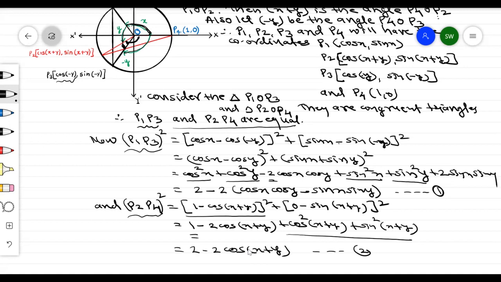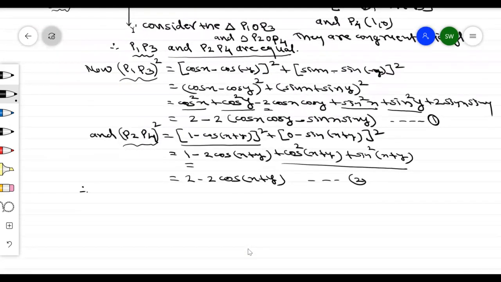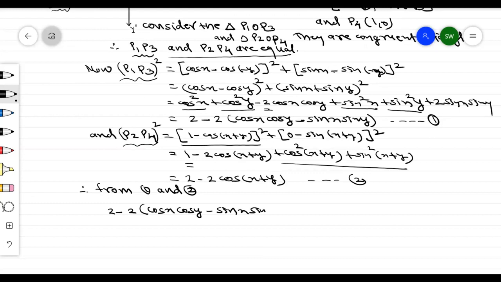Therefore, equating the right hand sides of 1 and 2, we get 2 minus 2 into bracket cos x into cos y minus sin x into sin y equals 2 minus 2 into cos of x plus y.